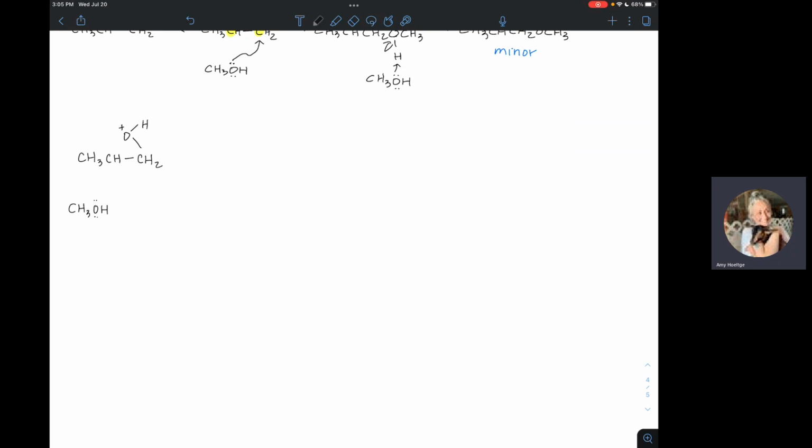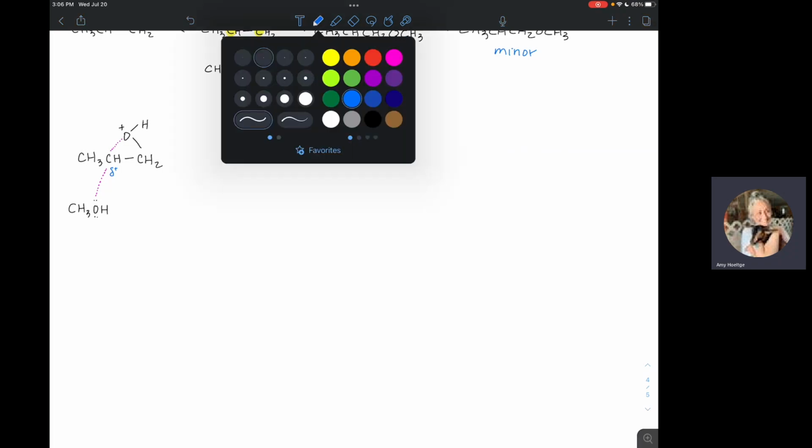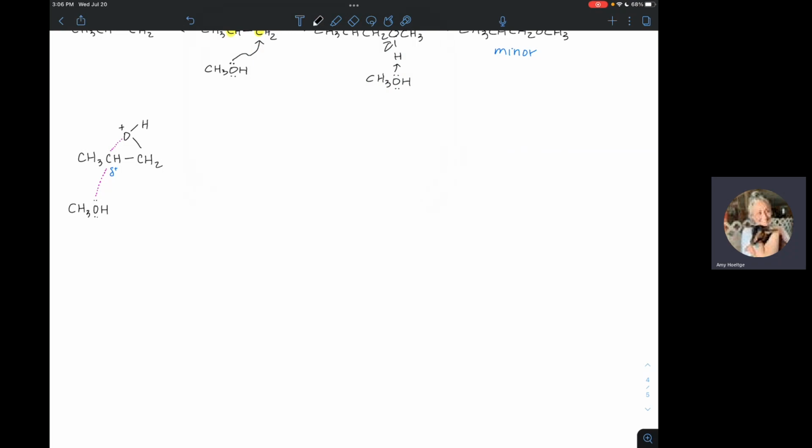What's going to happen is, I'll draw this in a different color so that it's easier to see. The nucleophile is going to be approaching, but this bond has already started to break. There is a budding partial positive charge on that carbon, and the carbon that is better able to support that partial positive charge, that is the more highly substituted one, is going to be the one that the nucleophile attaches to.